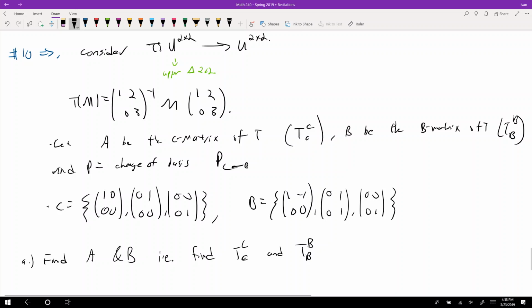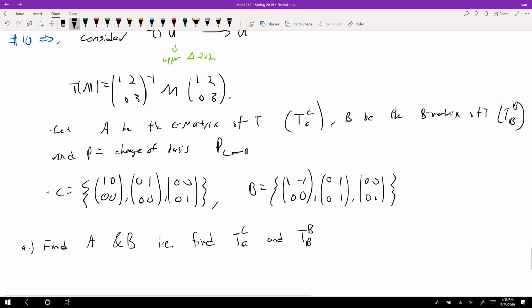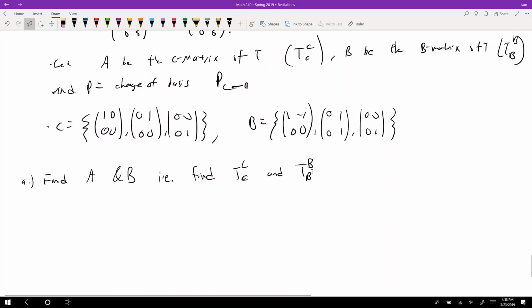So how do we do this? T_CC is equal to T of C1 written in basis C, T of C2 written in basis C, and T of C3 written in basis C as well.